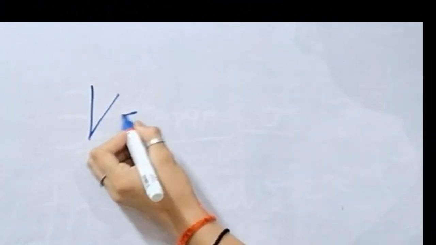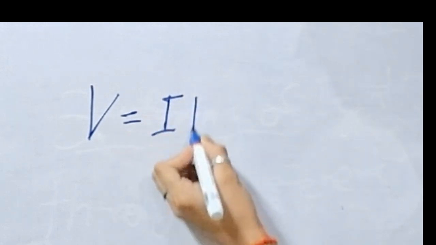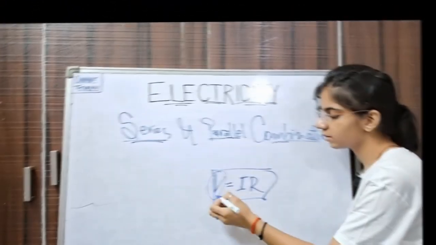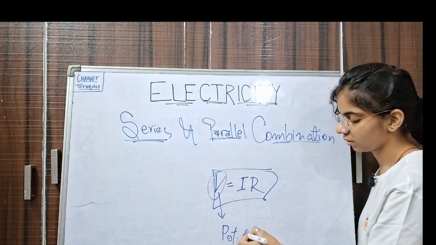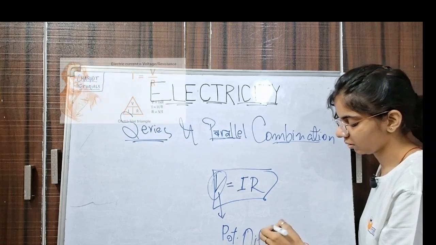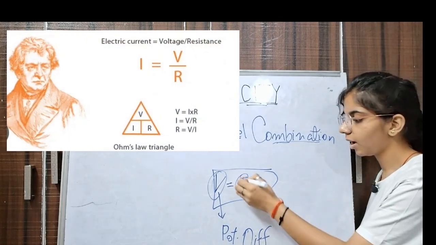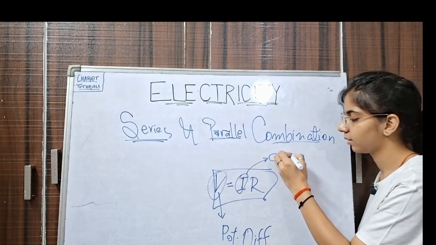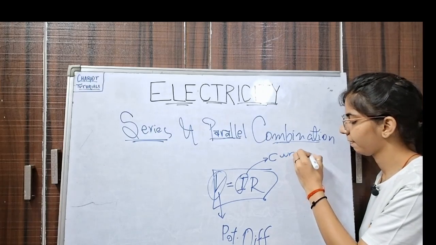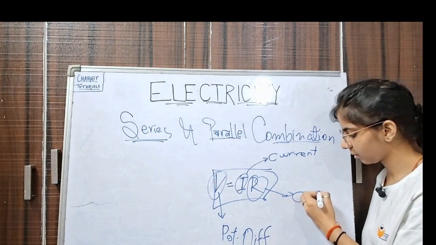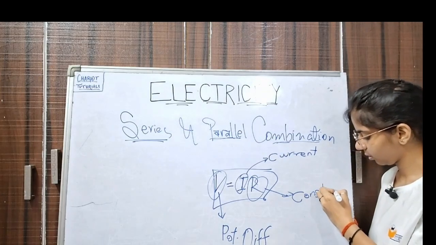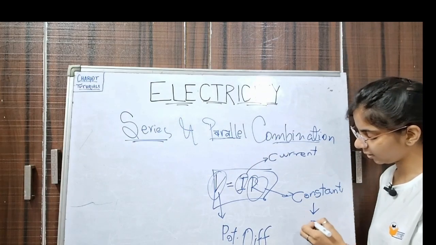What is Ohm's law? In general form, we say that Ohm's law is V is equal to IR, where V is the potential difference, I is the current and R is the constant which is resistance.